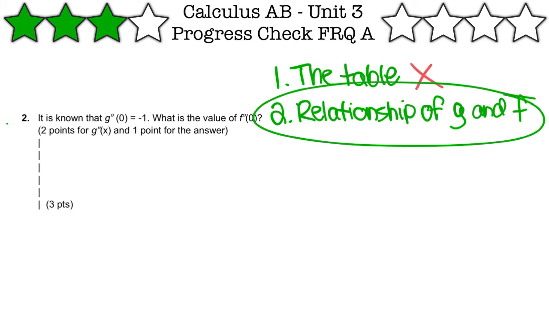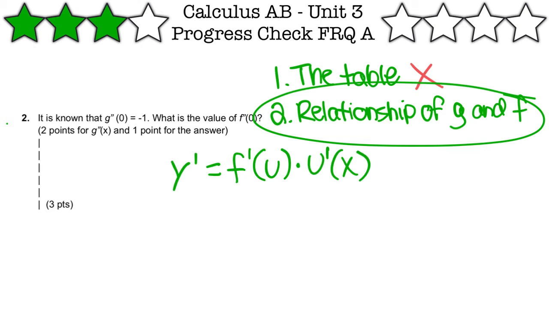Let's pick up where we left off. Y prime equals f prime of u times u prime of x. We need to find y double prime because that will result in an f double prime on the right side of the equation. To do that, we use the product rule and the chain rule.